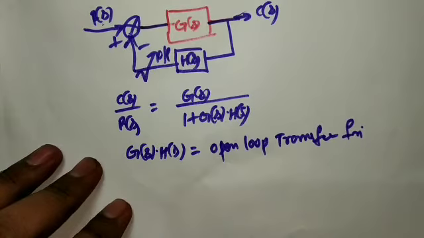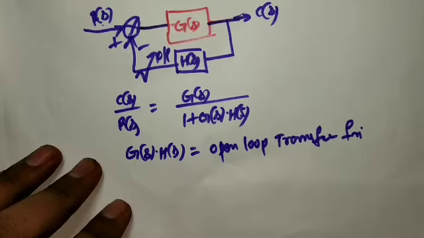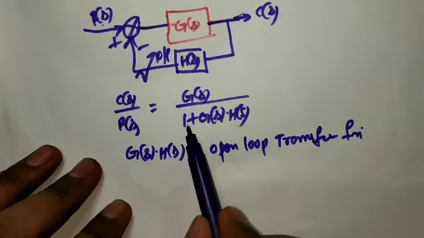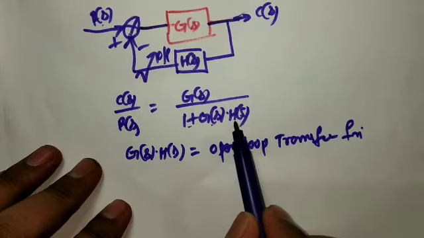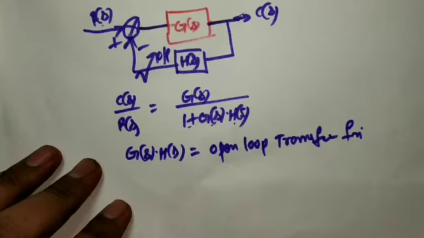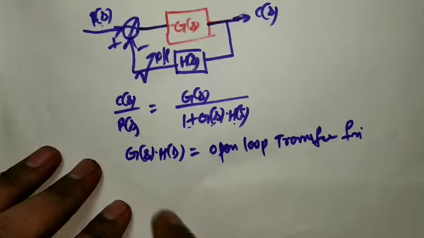Here the characteristic equation of the system becomes 1 plus g of s into h of s is equal to 0, where g of s into h of s is the open loop transfer function.